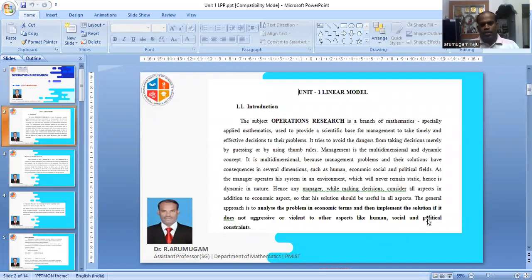Operations research is a branch of mathematics, especially applied mathematics. The general approach is to analyze the problem in economic terms and then implement the solution, if it is not aggressive or violent to other aspects like human, social, and political constraints.